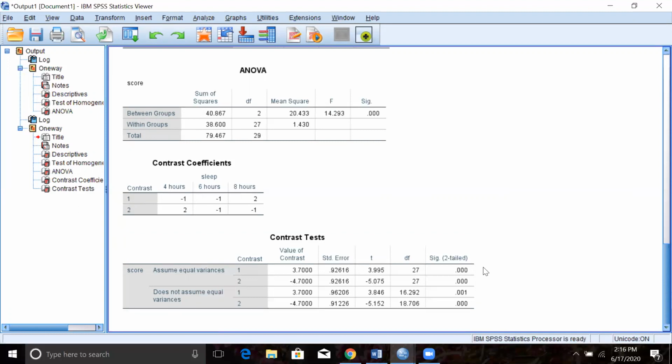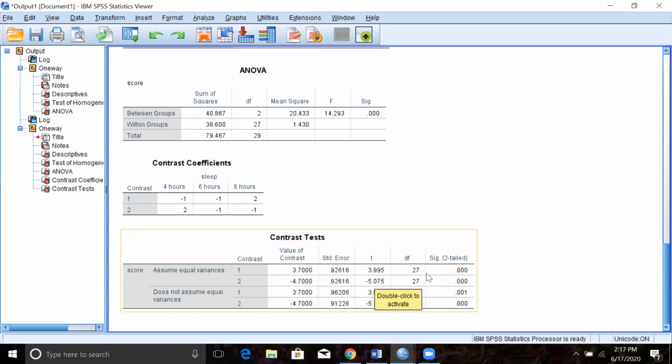The actual results of the contrasts yield a t-value because we're actually creating two groups here, right? We're pooling together the 4 and 6-hour group to be one single group, and comparing it to the 8-hour group. That's why your contrast is now a t-value instead of an F value.